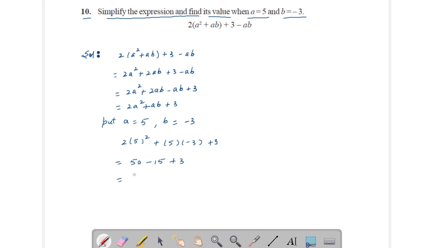Here 50 plus 3, it is 53 minus 15. Now 53 minus 15 equal to 38. This is your answer. Thank you.